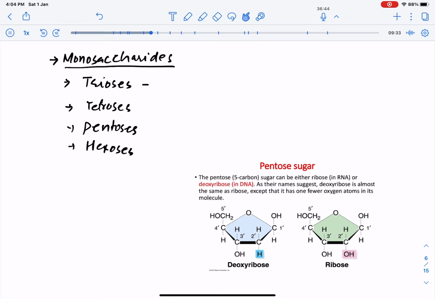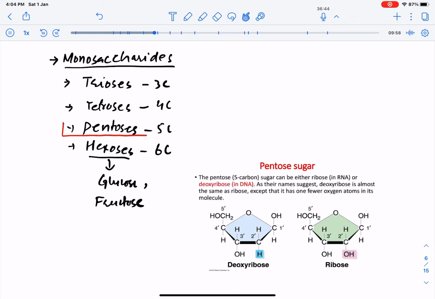Trioses have 3 carbon, tetroses have 4 carbon, pentoses have 5 carbon, and hexoses have 6 carbon. We have discussed the structure of glucose and fructose in detail. Nucleic acid, however, contains pentoses in them.